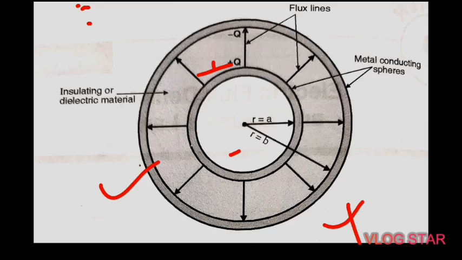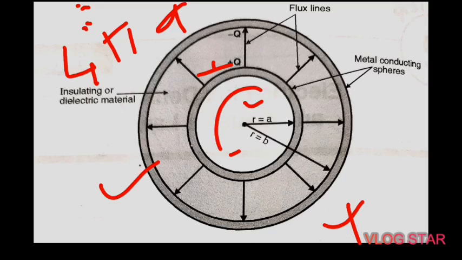Suppose the radius of the inner sphere is r equal to a, so its surface area is 4 pi a square. We know that the area of a sphere is given by the formula 4 pi a square. Now the electric flux psi is uniformly distributed over the surface area of the inner sphere.